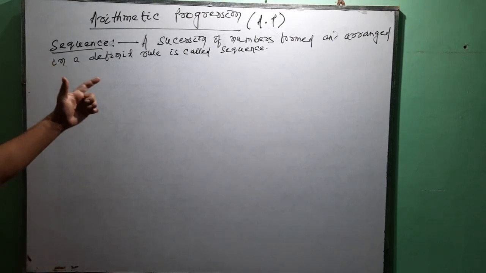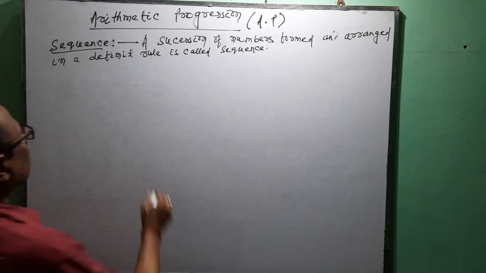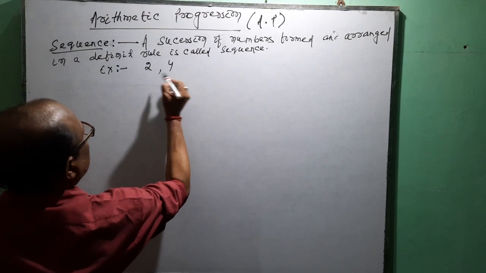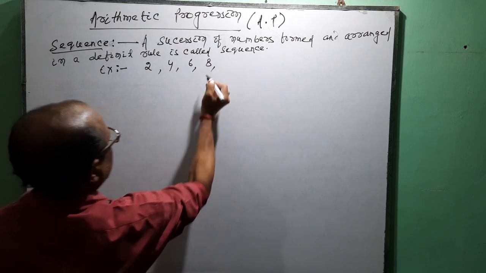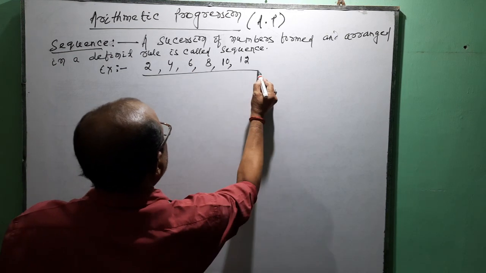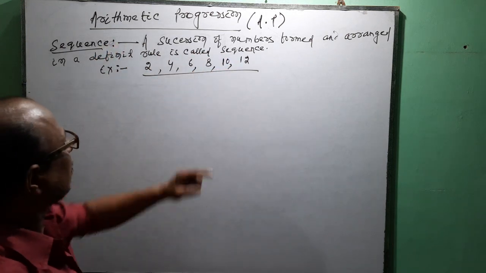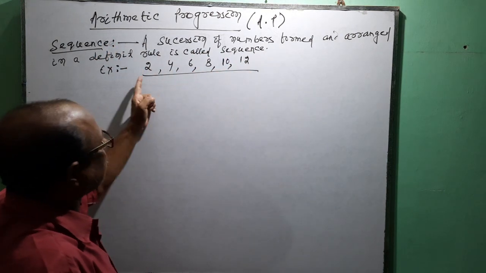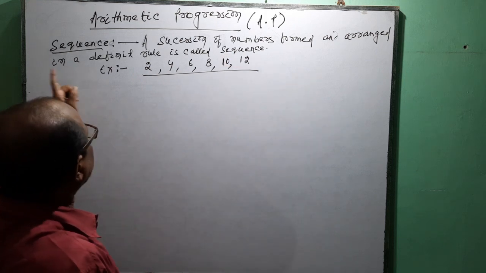So what do you mean by sequence? A succession of numbers. Suppose, for example, 2, 4, 6, 8, 10, 12. These are the numbers, a succession of numbers formed and arranged in a definite rule.